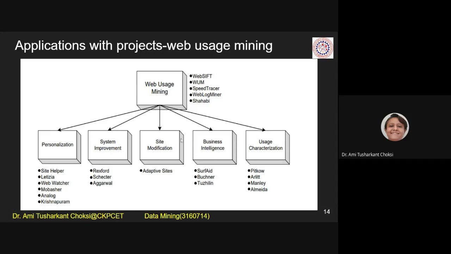Site modification. When people are using the sites, and suppose they are not going beyond a particular point because of some problem, you can have the idea that people are using the website smoothly till this point, but after that they are not using it, or a few pages are not being used. So some suspicious things can be there.